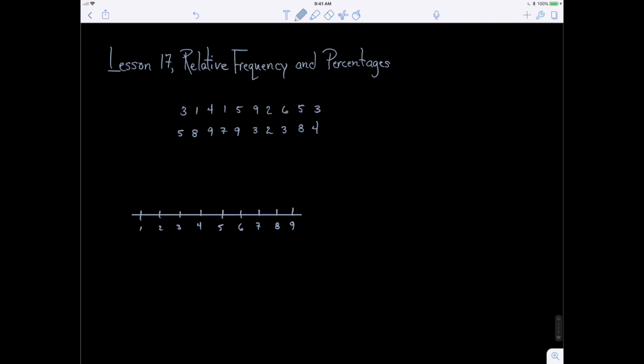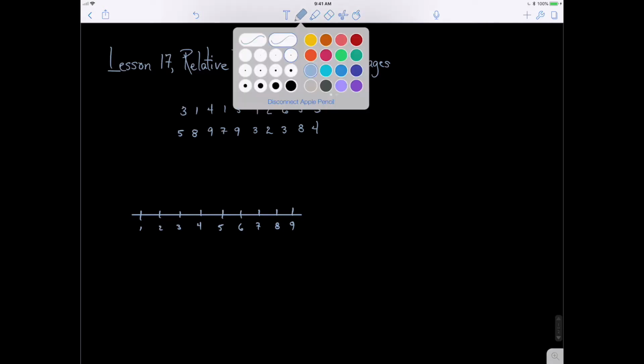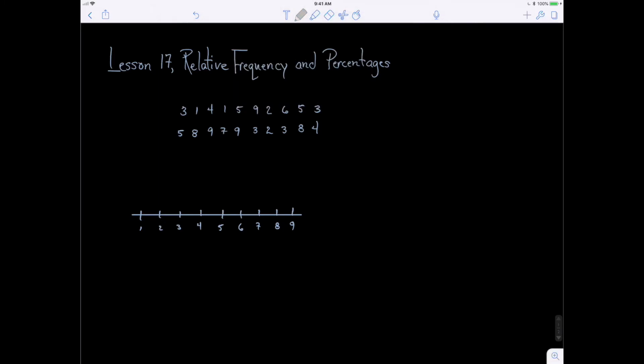And so I'm going to make my dot plot. I have this lighter gray here for my dot, so this way I can keep track. There's my 3. Oh, it's barely lighter. 3, 1, 4, 1, 5, 9, 2, 6, 5, 3. There's my first row.